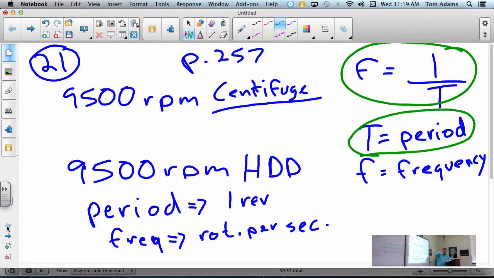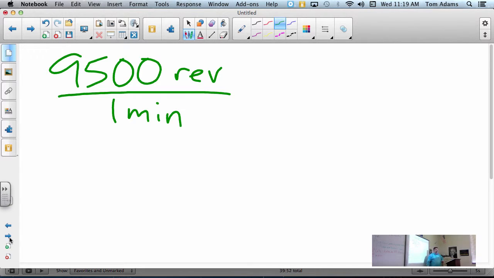One rotation, revolution, they're kind of interchangeable. So what do you guys suggest we do? If I could get some number of revolutions per 1 second on the end here, that would be nice. So how do I do that?